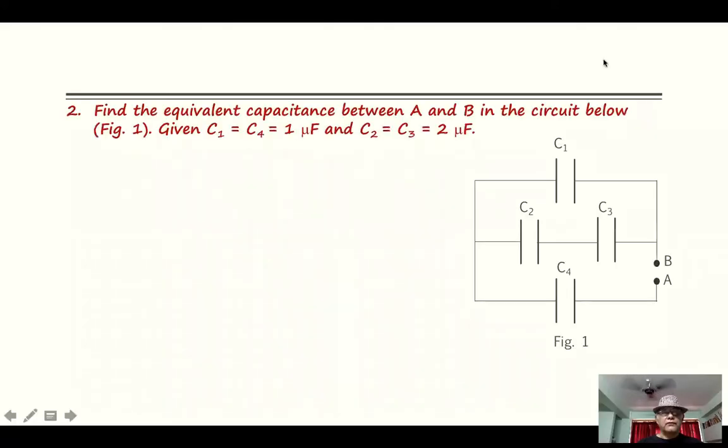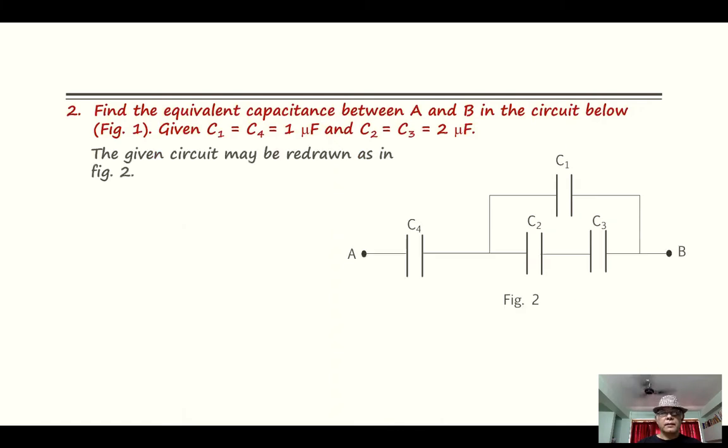Problem 2. Find the equivalent capacitance between A and B in the circuit below. That is figure 1. Given C1 equal to C4 equal to 1 microfarad and C2 equal to C3 equal to 2 microfarad. The given circuit may be redrawn as in figure 2.